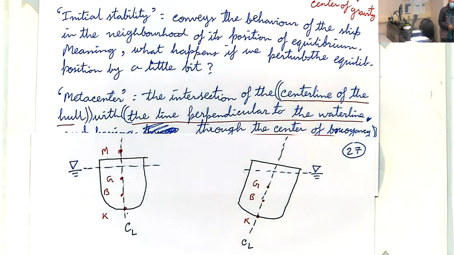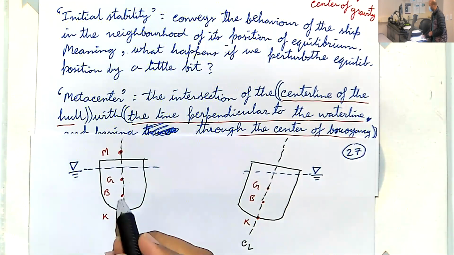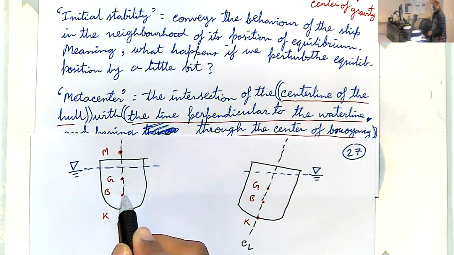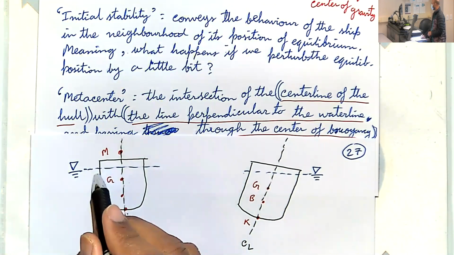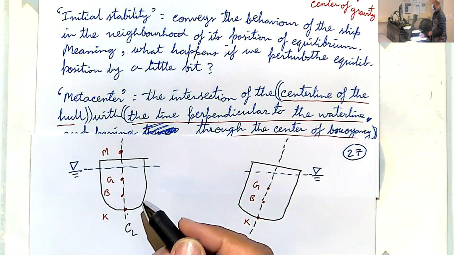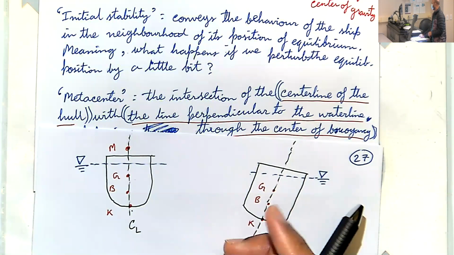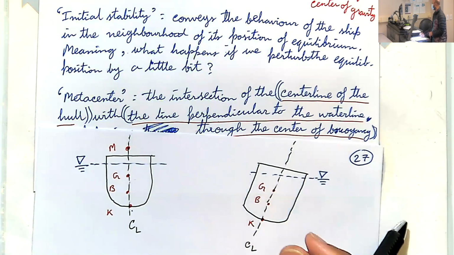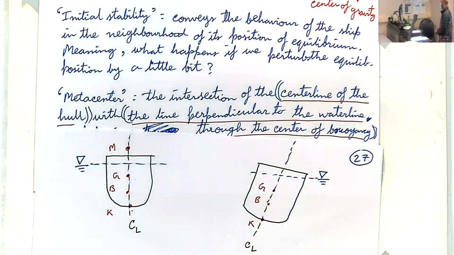Okay, now let's think about what happens to the center of buoyancy. Remember, the center of buoyancy is the center of the submerged volume. What have you done here when you tilt the hull? Have you increased the submerged volume? Have you decreased it? What have you done?